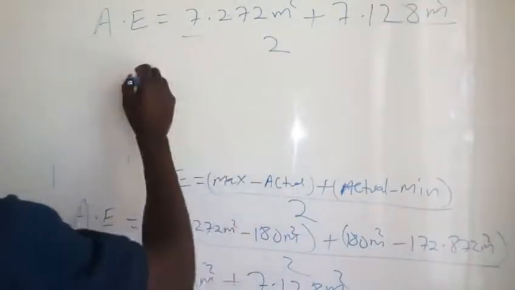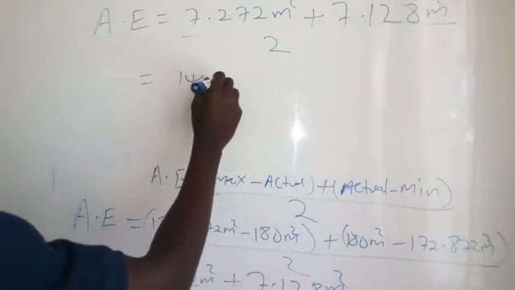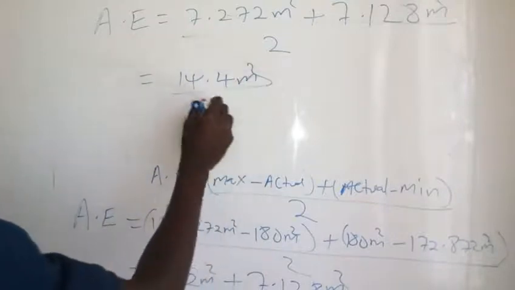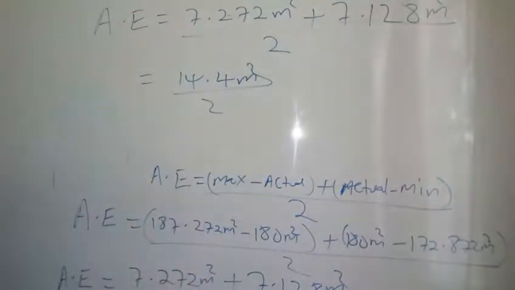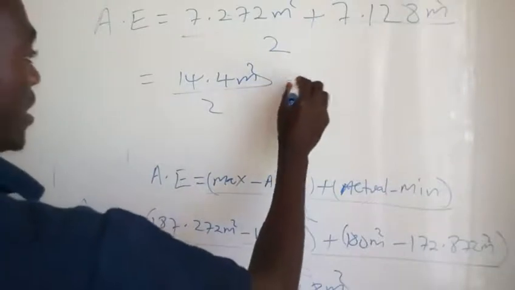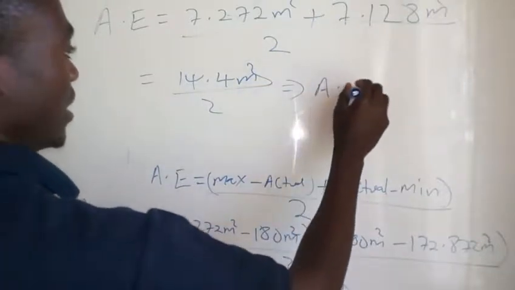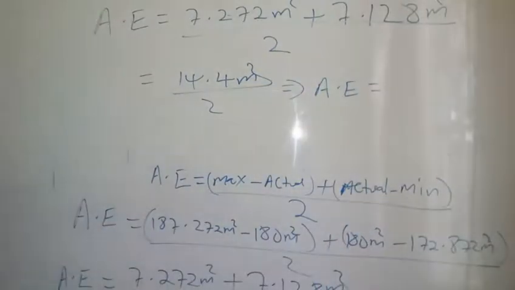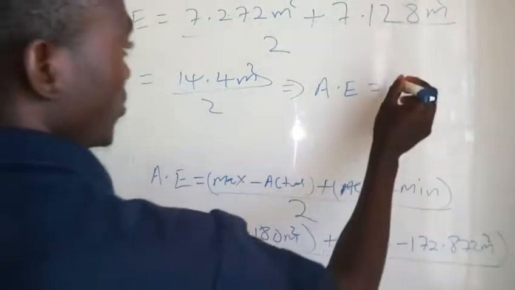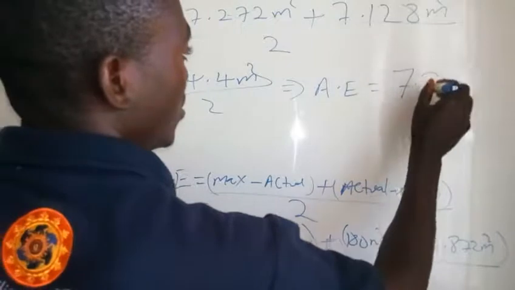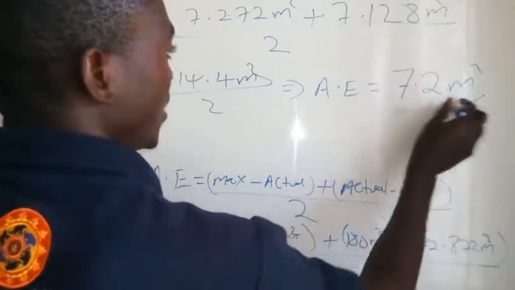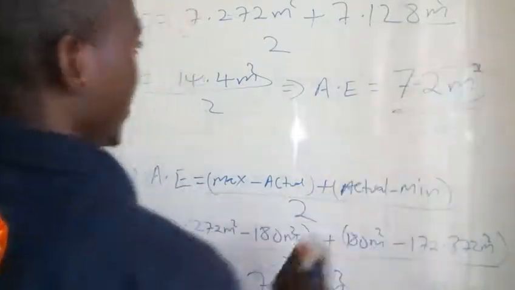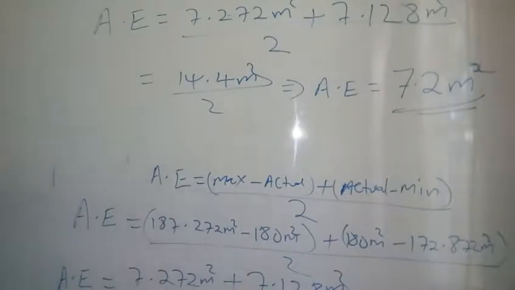You divide by 2, so that is 14.4 meters squared over 2. And the final answer here for absolute error will be 7.2 meters squared. That is the answer.